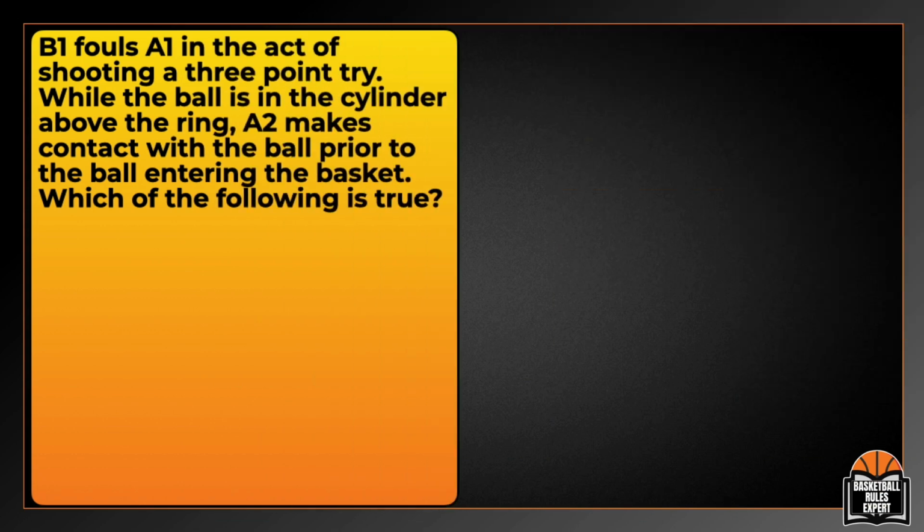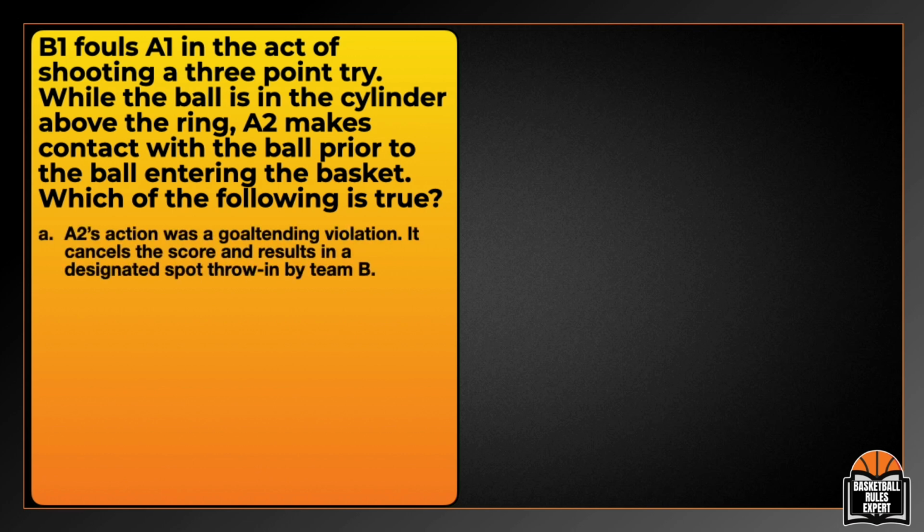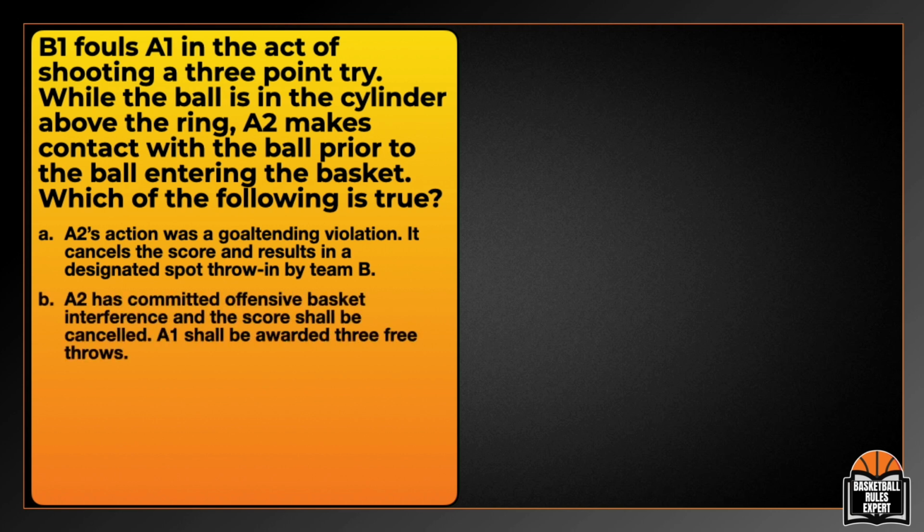B1 fouls A1 in the act of shooting a three-point try. While the ball is in the cylinder above the ring, A2 makes contact with the ball prior to the ball entering the basket. Which of the following is true? A. A2's action was a goaltending violation. It cancels the score and results in a designated spot throw-in by Team B. B. A2 has committed offensive basket interference and the score shall be canceled.